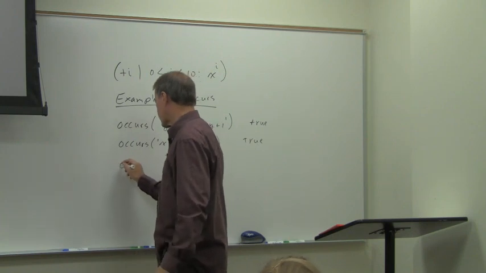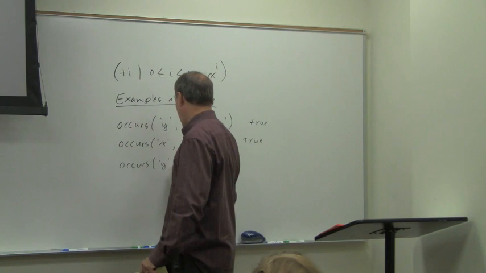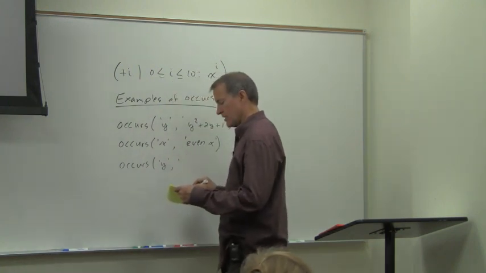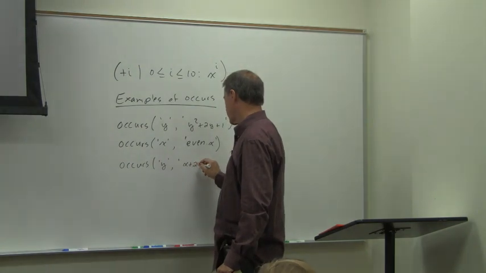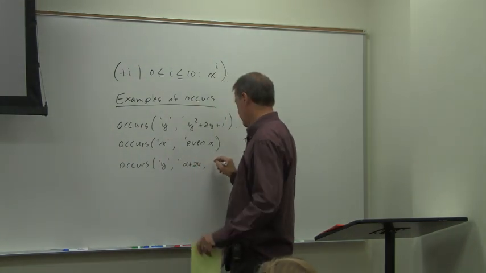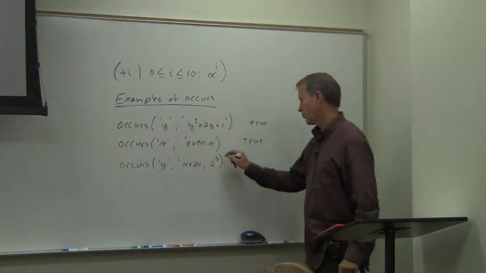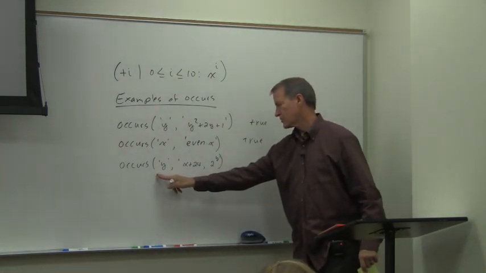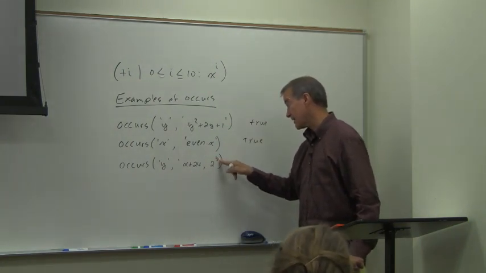Okay, and how about this? Occurs y. Now we're going to have two expressions. Suppose we have x plus 24, comma, 2 to the y. So: single quote y, comma, single quote x plus 24, comma, 2 to the y, end single quote.